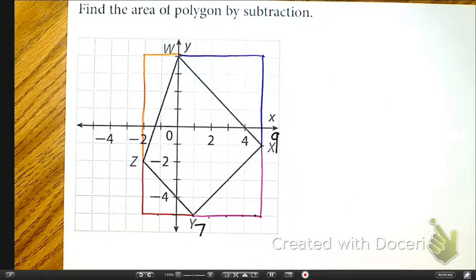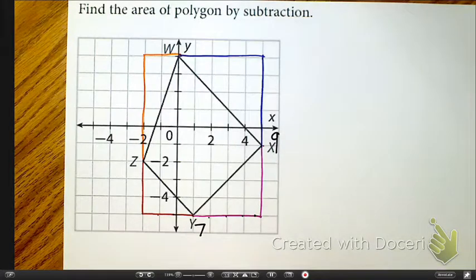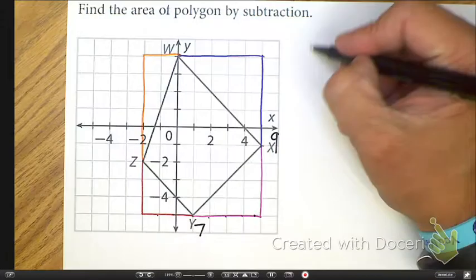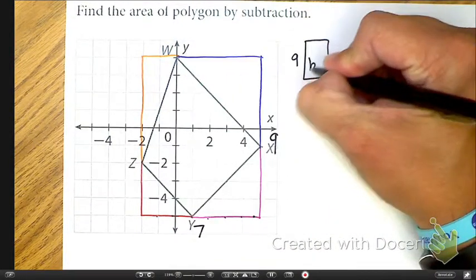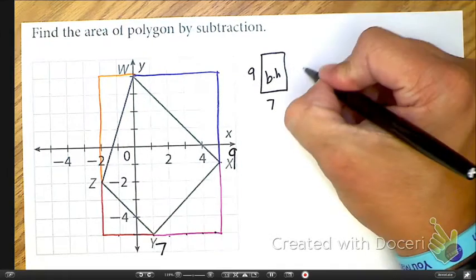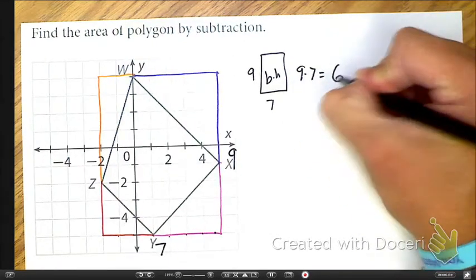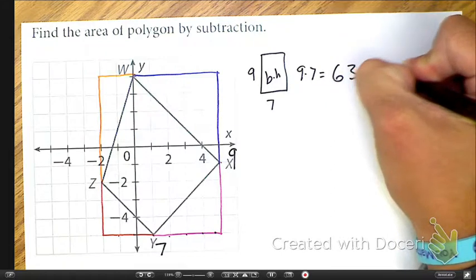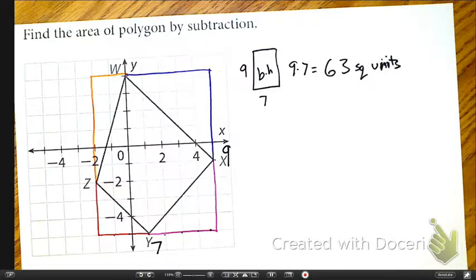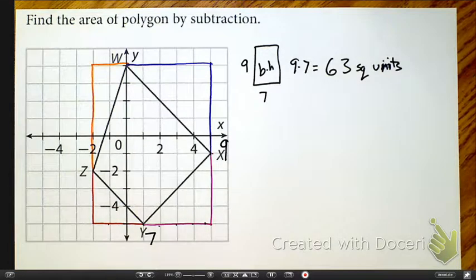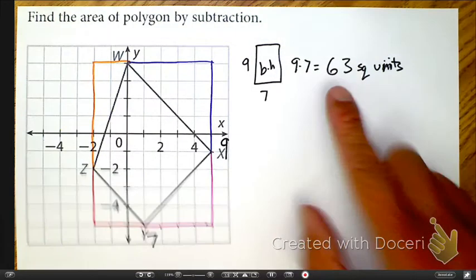The area of our very biggest rectangle here, our 9 by 7 base times height rectangle. 9 times 7 is 63 square units. Now that we found the area of this large rectangle, we are going to find the area of the 4 triangles we constructed and subtract them from our 63.